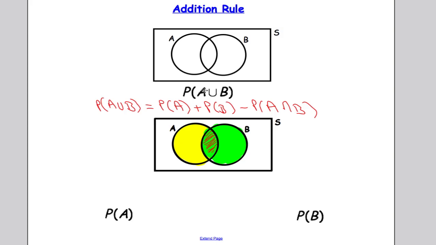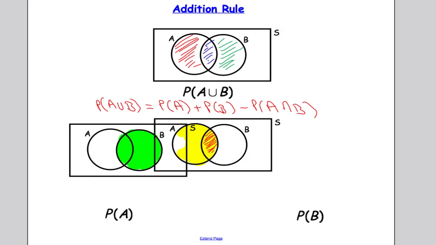I only want it counted once because what I'm interested in is this region, and this region, and this region. But when I overlapped the two diagrams, let's try that again.